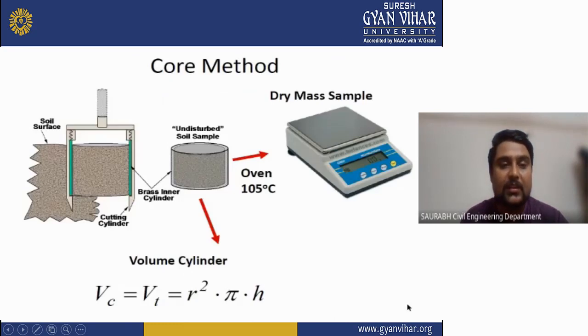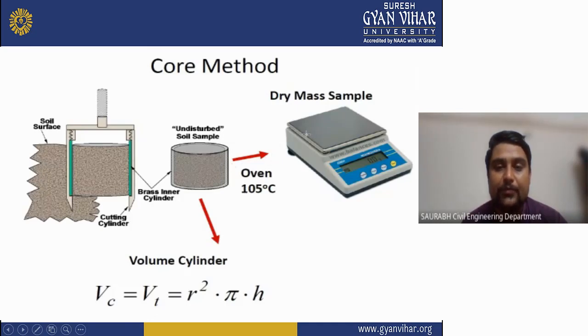Now you can see these are some equipments which we use in the core cutter method for determination of bulk density of soil. As you can see here, that is your cutter, and from this cutter we have to take the sample like this, which will be an undisturbed soil sample, and then it will go in the dry oven at 105 degrees Celsius.